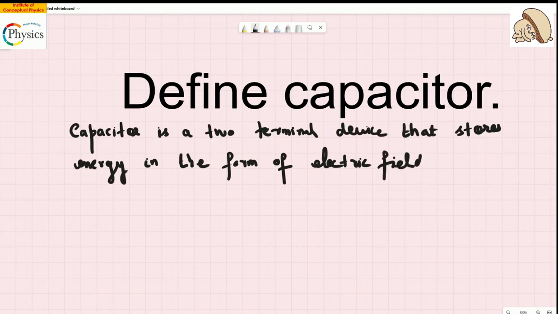Okay. So if you see a capacitor, you would find there is an electric field that exists.